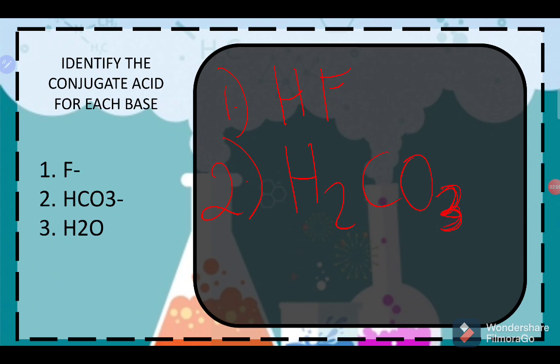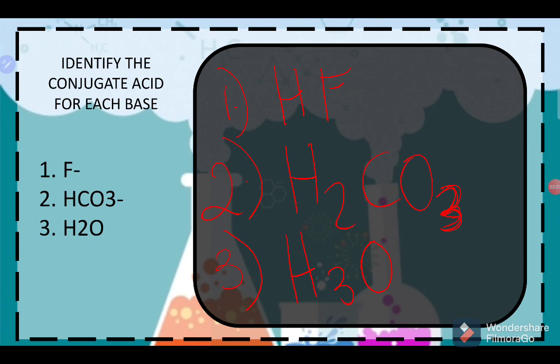This is number 3. Okay? Next, for H2O, what will be its conjugate acid? As it accepts a hydrogen ion, it will become H3O, or hydronium ion. Okay? So all of them will gain a hydrogen ion.